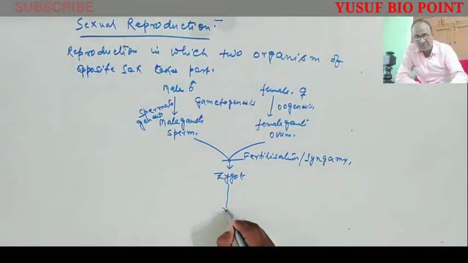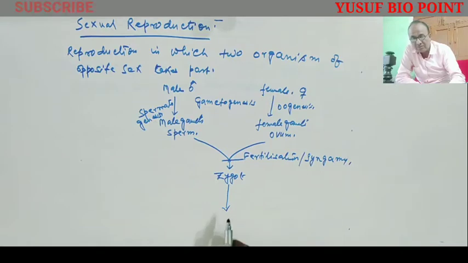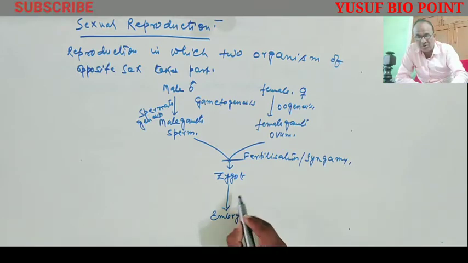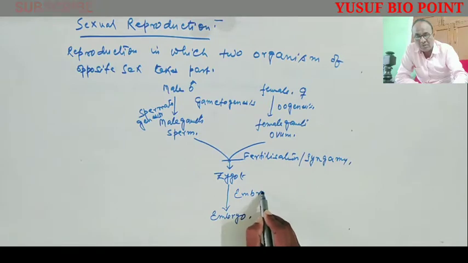Now the zygote undergoes several changes and an embryo is formed. That process is called embryogenesis.